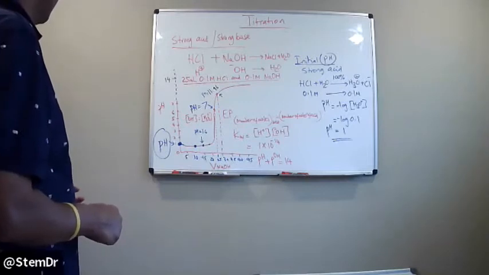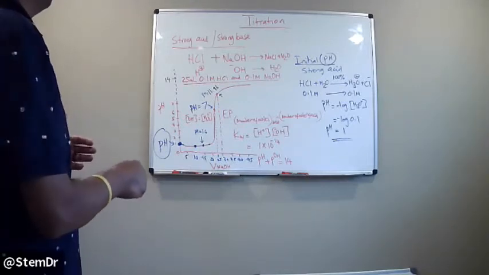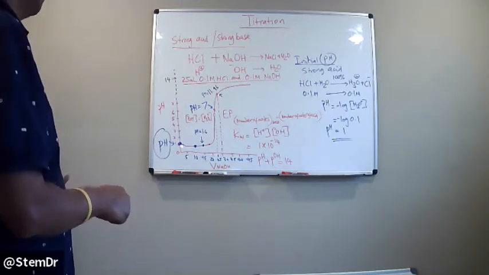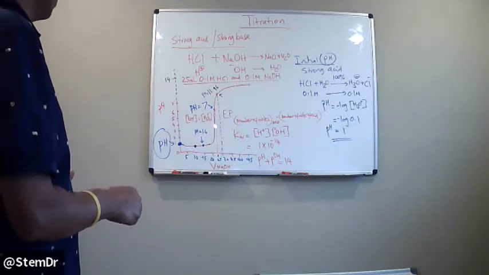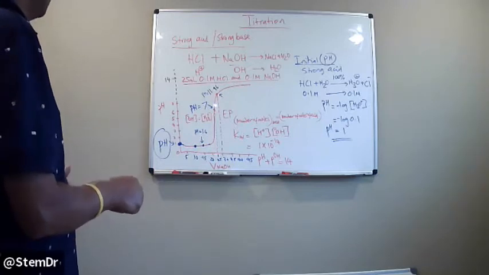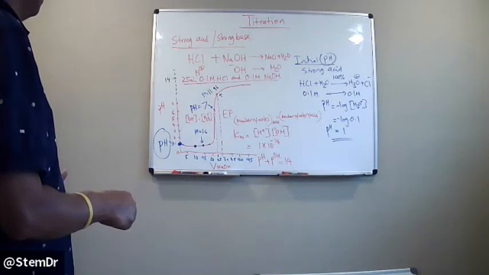As you add sodium hydroxide to the hydrochloric acid in the flask, your pH slowly rises, and near the equivalence point, the pH suddenly starts to jump. So there is a sharp increase in the pH.